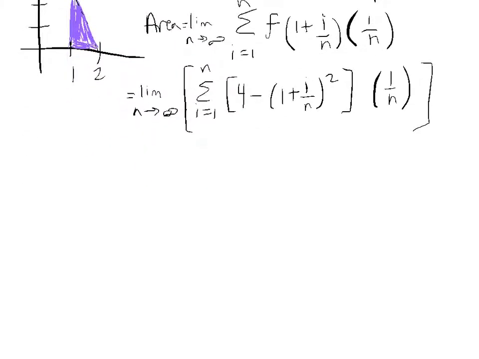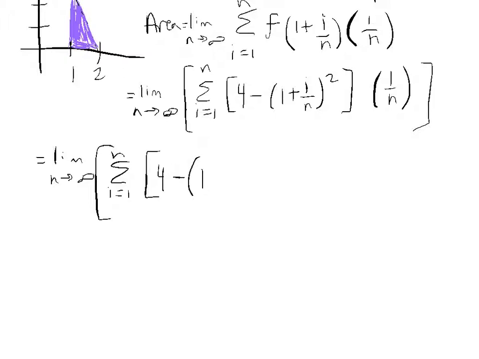Okay, next step, simplifying that out, limit as n approaches infinity, sum i equals 1 to n, 4 minus, all right, the first term is going to be a 1. And note this minus applies to everything in here. So first term is going to be a 1, and then we're going to have a 2i over n, and then a plus i squared over n squared.